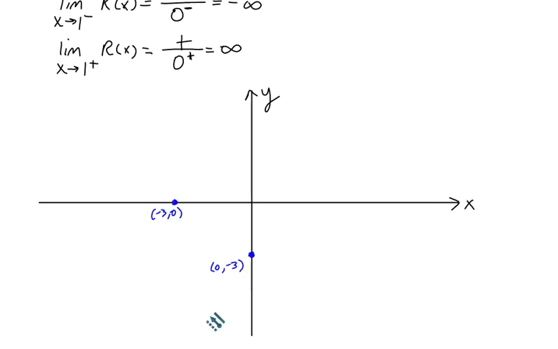Our vertical asymptote was at x equals 1. So we will put in a vertical asymptote, and please make it dotted so that it's clear that that's going to be an asymptote, not part of the graph. And we will label it as x equaling 1.